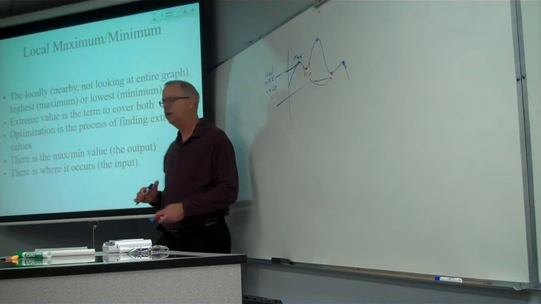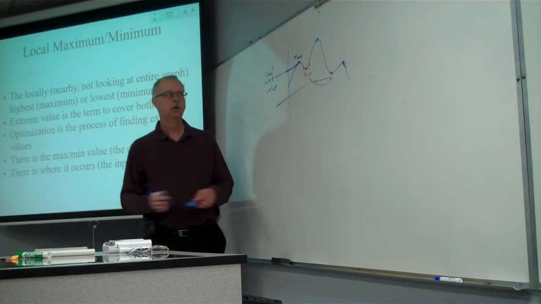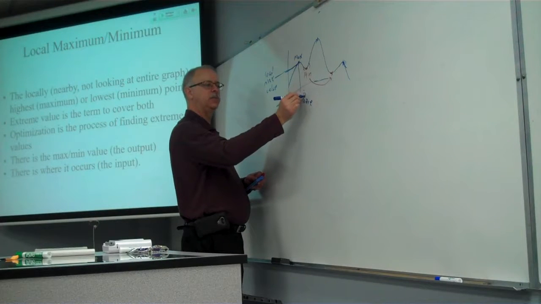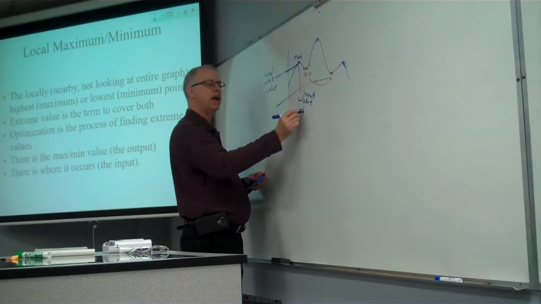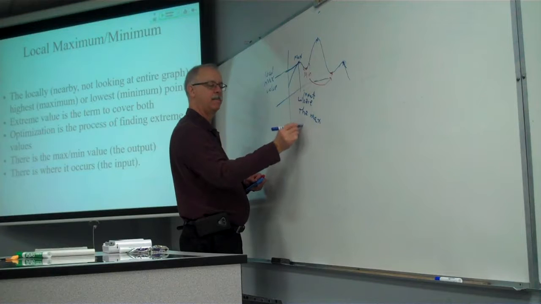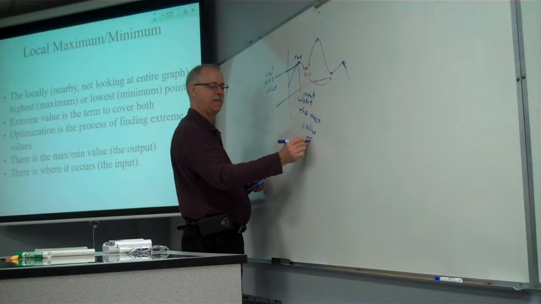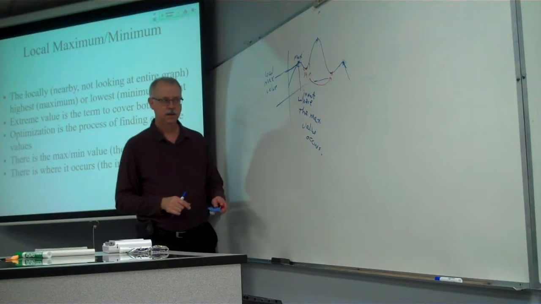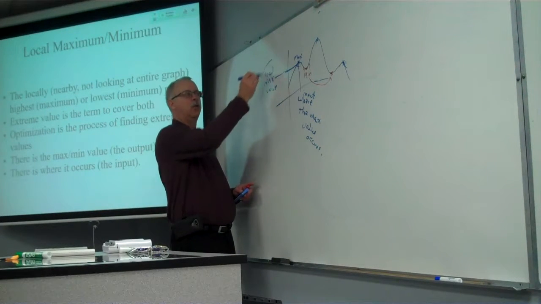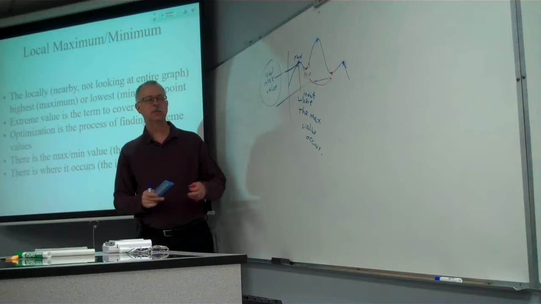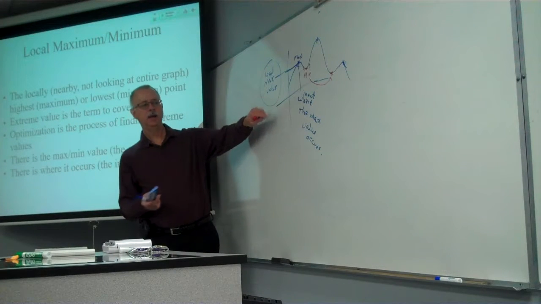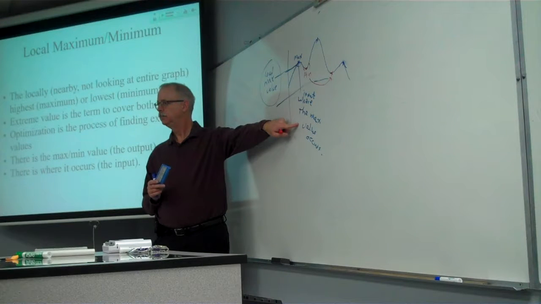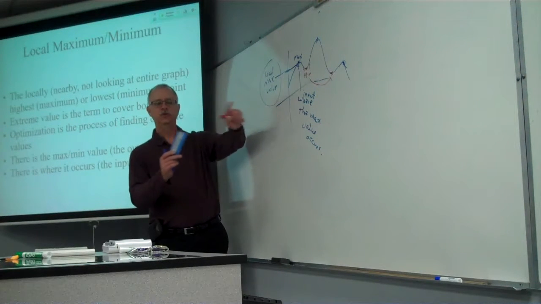But we're also interested in when does that happen? So we've got the input here, that is where the maximum value occurs. And notice they're related. And so even though the local max value, our maximum profit, may be what we're interested in finding, we need to figure out at what level of production does that happen. So those two are related.